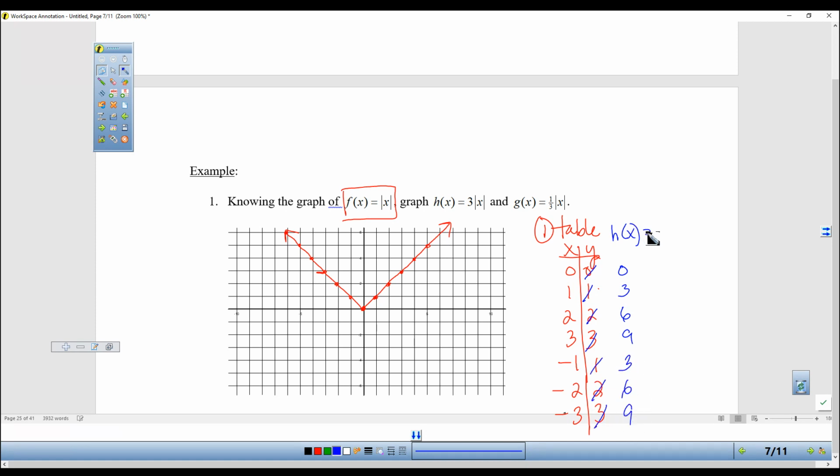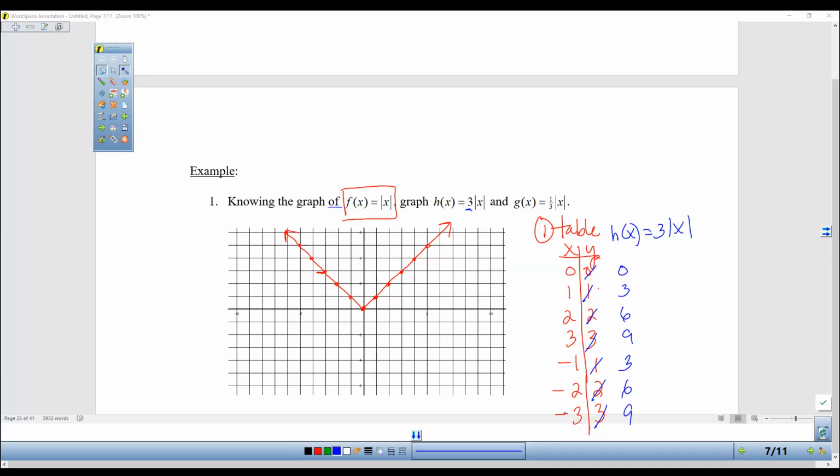I just cross them all off and I multiply by 3. And then I plot those points. So (0, 0), (1, 3), (2, 6). I'm not even going to get to the (3, 9). (Negative 1, 3), (negative 2, 6). There's my h of x.